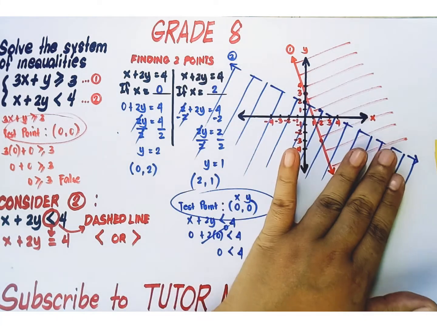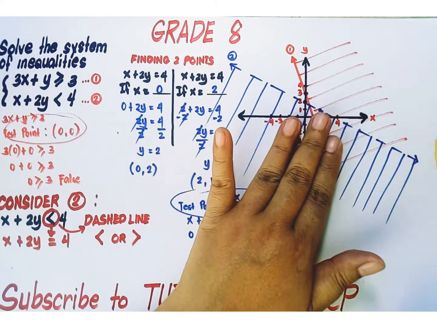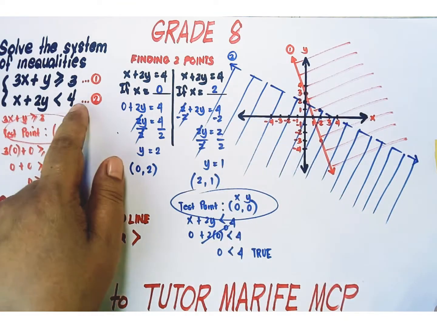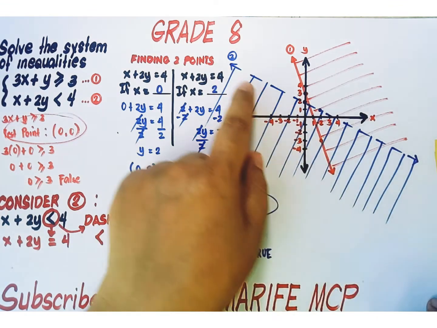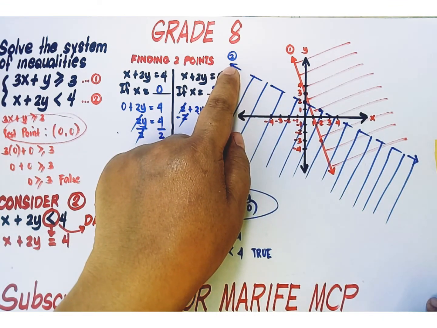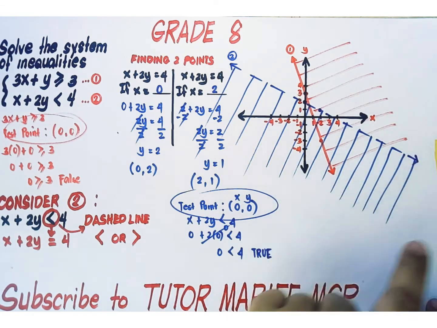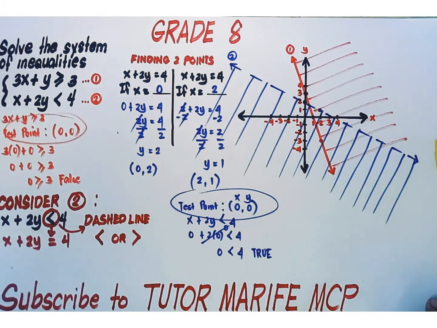This shaded half-plane represents all the solutions to the second inequality. The dashed boundary line indicates that the set of points along the line are not solutions to the inequality.